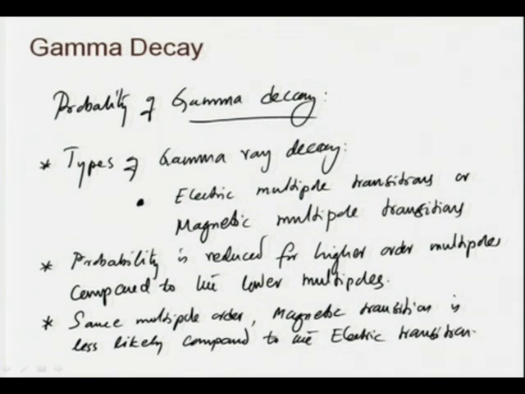All right. So, if it is the dipole transition that we are talking about, magnetic dipole transition is less likely compared to the electric dipole transition. In fact, there is one more aspect to it, which is the parity consideration that we will come to in a moment. For that, we actually need to understand the angular momentum.